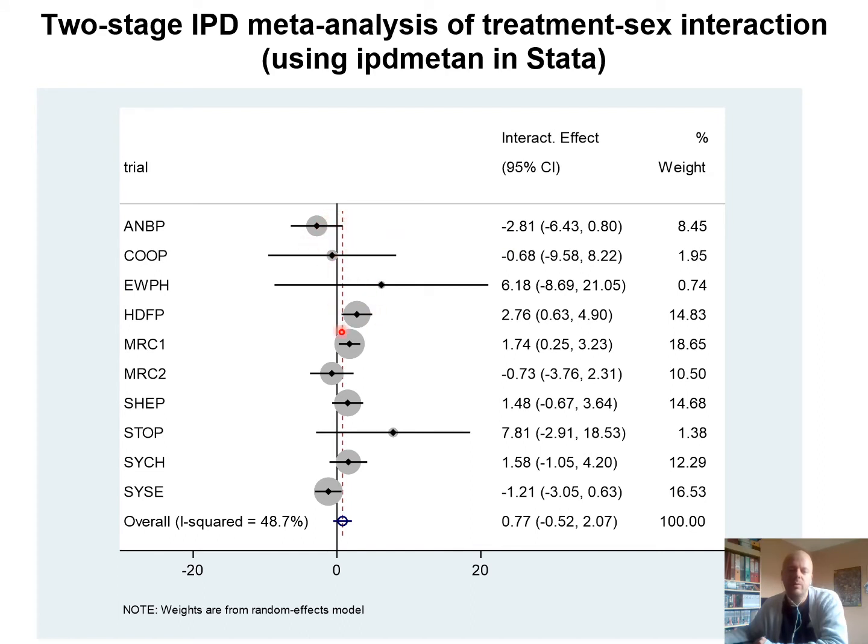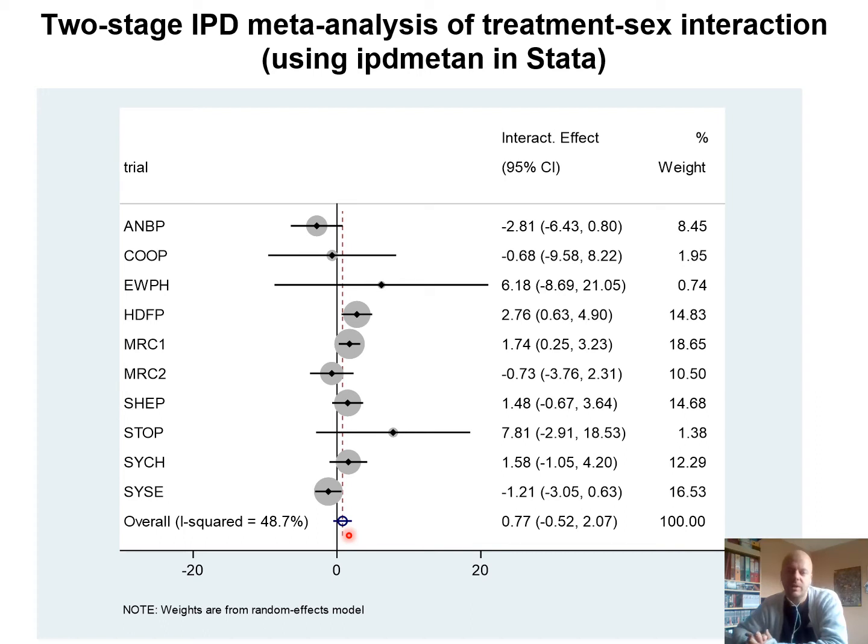So if we look, there's very little heterogeneity, and also that the overall treatment covariate interaction is 0.77. So that means that the difference in the treatment effect between males and females is 0.77. So it works slightly less well for males compared to females, but it's tiny on the blood pressure scale. And the confidence interval overlaps the null value of 0.